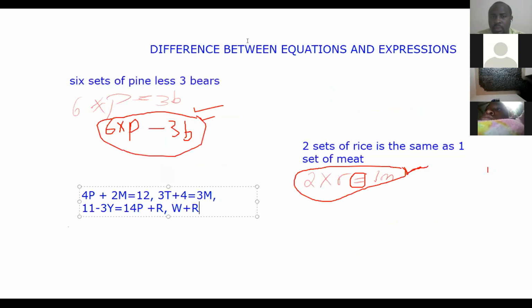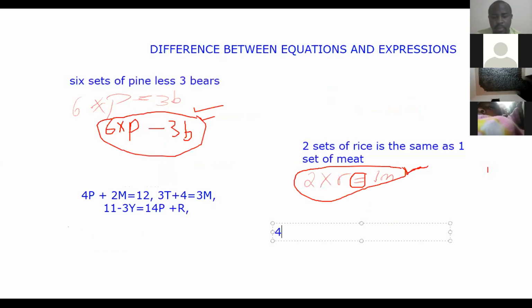Zaria, go ahead with the question. So suppose we have 4 plus 2m, times 2 equals 1.